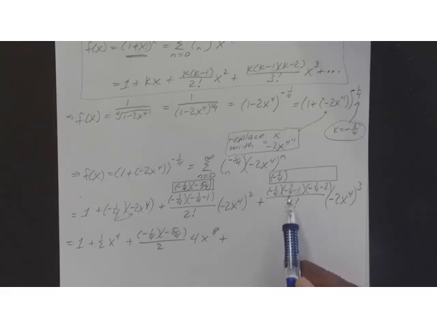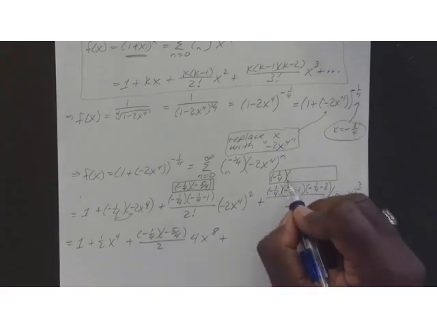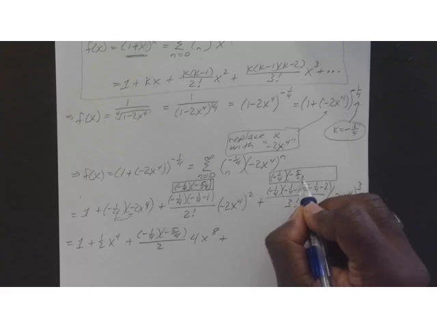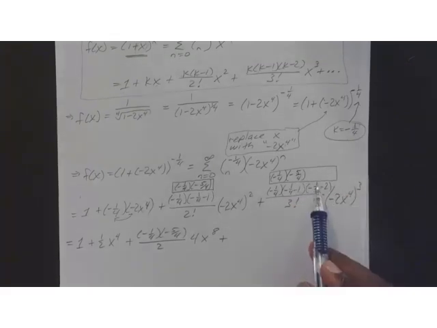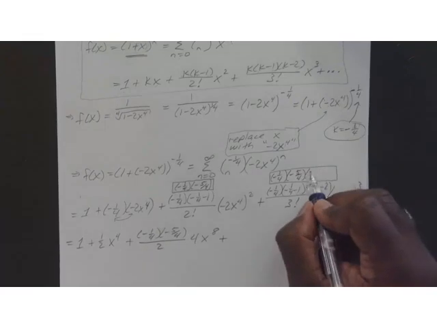Well, we already know negative 1/4 minus 4/4 is negative 5/4. And negative 1/4 minus 2, so negative 1/4 minus 8/4 would give us negative 9/4.